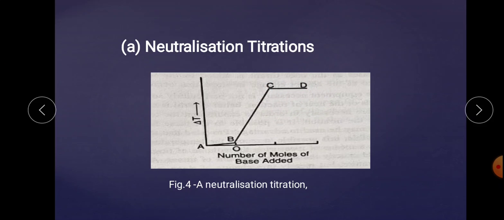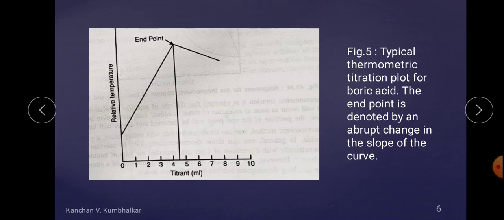In practice, the temperature of the system is measured as the titrant is added to the sample. This is a typical plot showing a neutralization titration of acid versus base, basically a strong acid versus a strong base. Now the next graph.